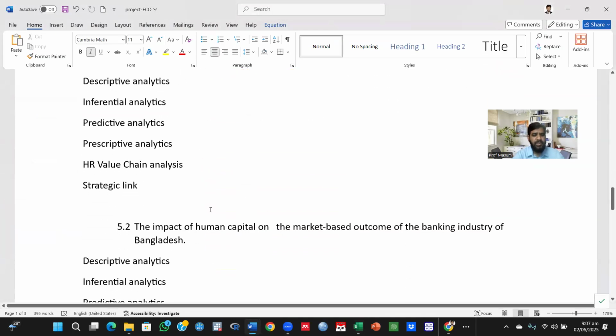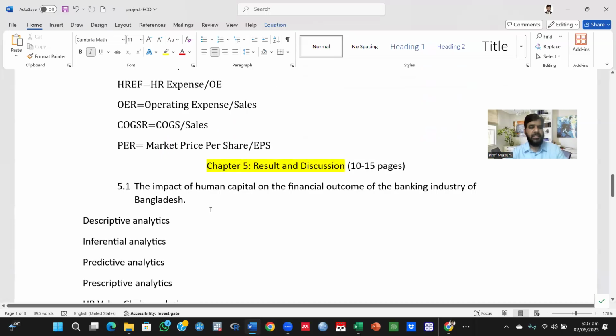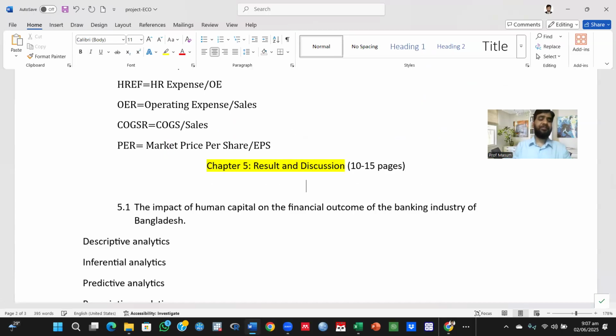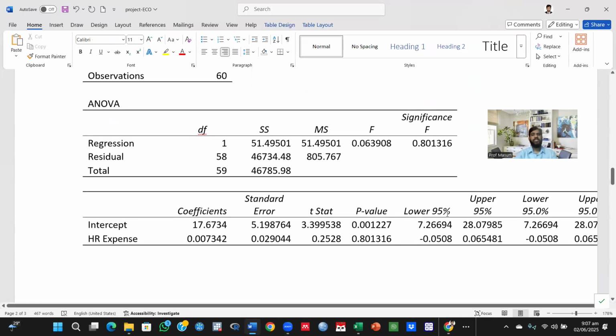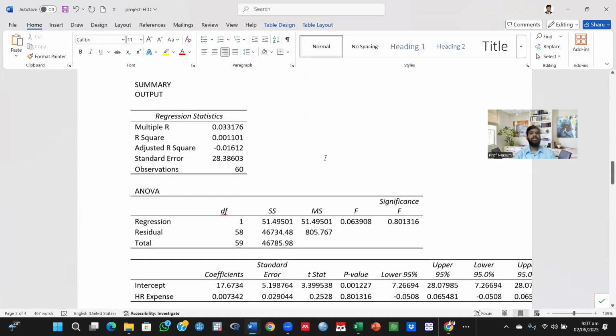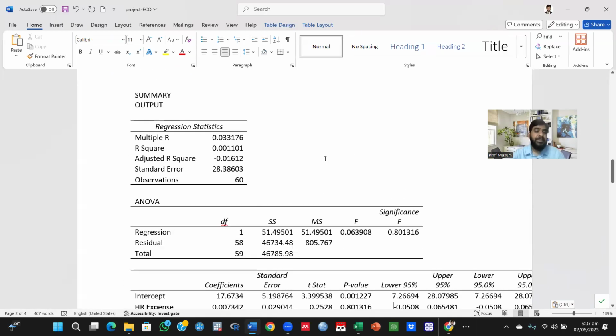Now you're writing your results here. In your results section, you will paste it. All right. So you have got some data results you are going to write.